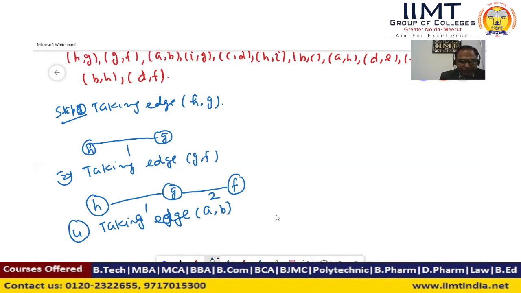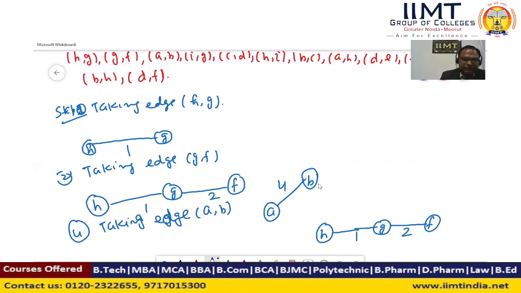So this was my a and b, and the edge weight was 4, and here we have h comma g comma f, 1 2. So in step number 4, here we have 2 connected components. One is this and another one is this.